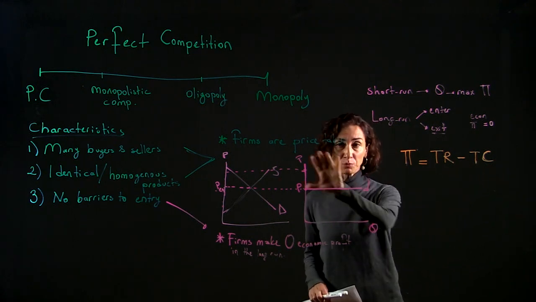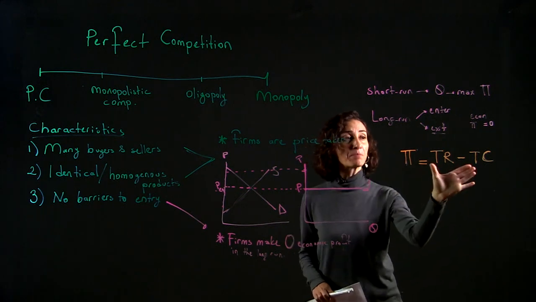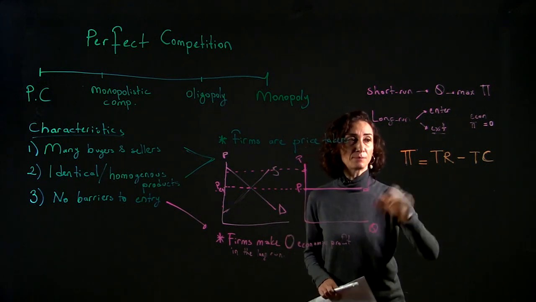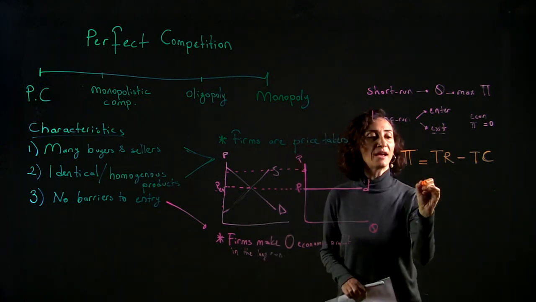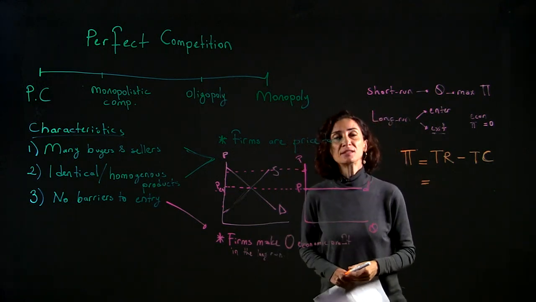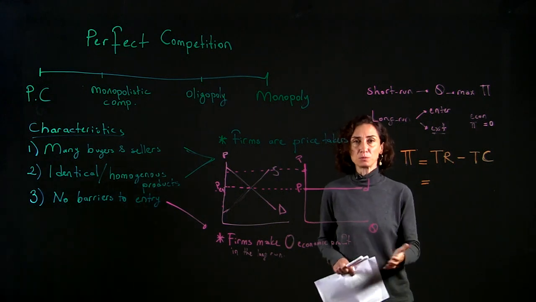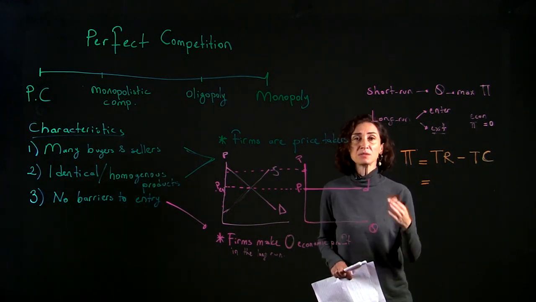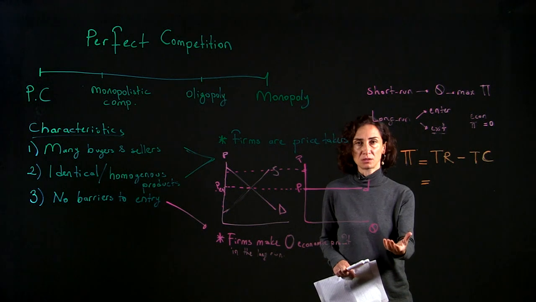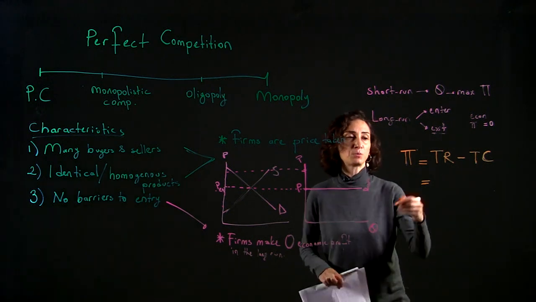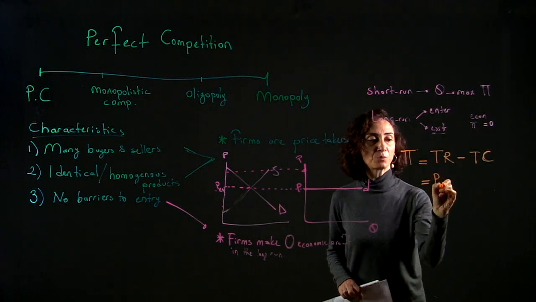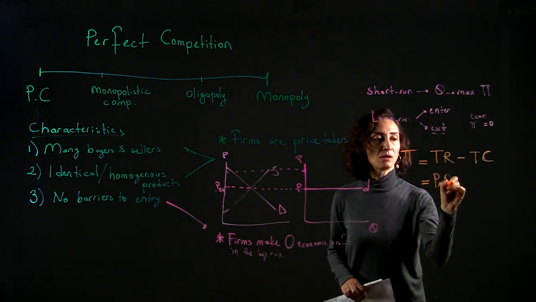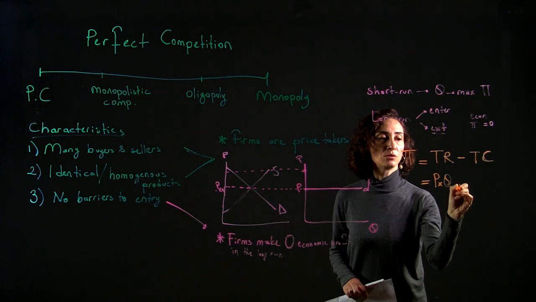Now we will start with perfectly competitive markets, but I want you to remember this. And remember also total revenue. Again, in our simple model, the only revenue that the firm gets is from selling the goods it produces. So total revenue by definition is price times quantity sold.